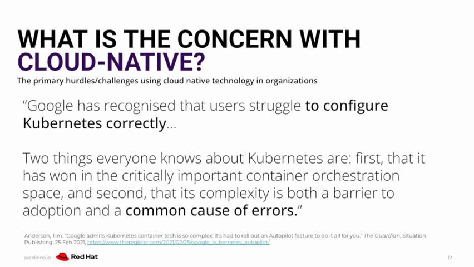And the other part is that its complexity is both a barrier to adoption, we see it all the time, and is a common cause of errors. So complexity is a barrier to adoption, and that barrier could be lack of adoption, it could be slowness in adoption, but it's also a common cause of errors, which goes back to the first part, users struggle to configure Kubernetes correctly.